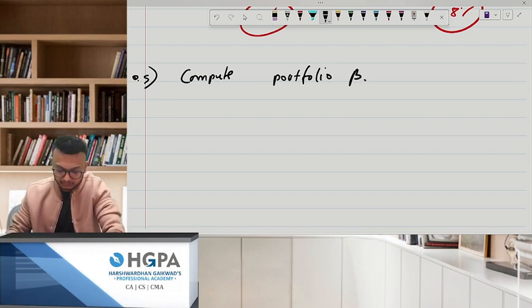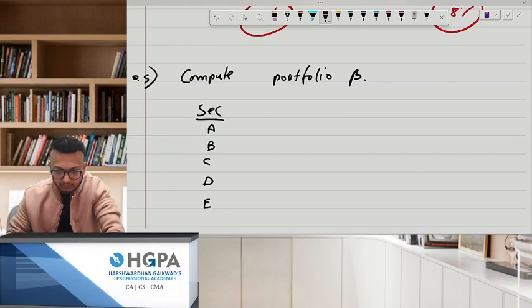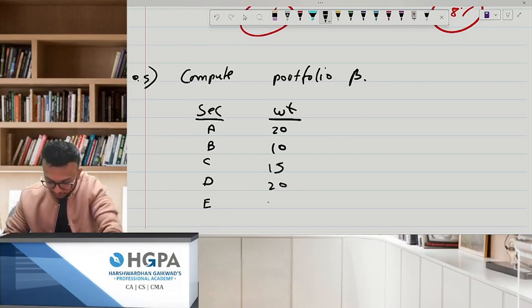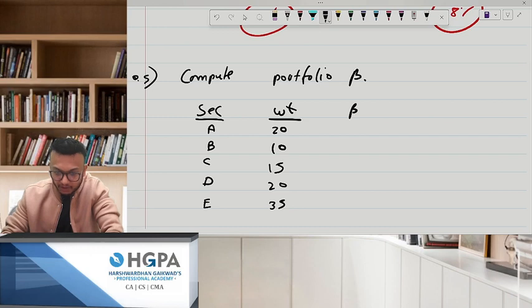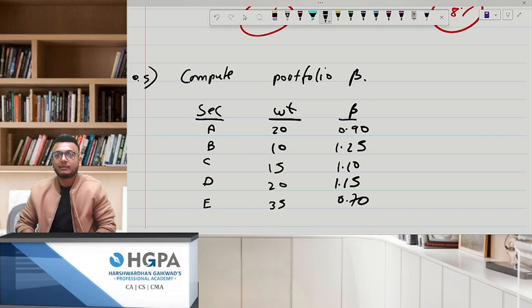Very simple. They have given you securities A, B, C, D and E. They have also given you weights 20, 10, 15, 20 and 35, my bad, 35. And they have also given you betas 0.90, 1.25, 1.10, 1.15 and 0.70. Question is to compute portfolio beta. Fast.